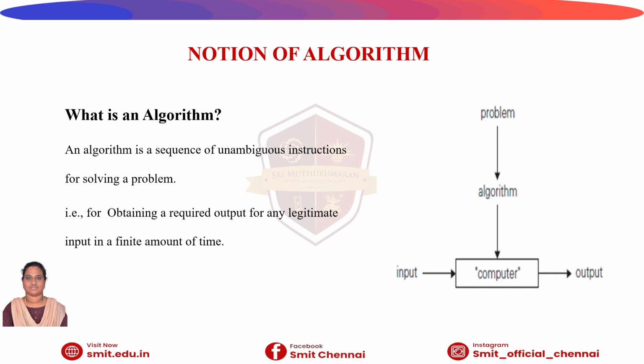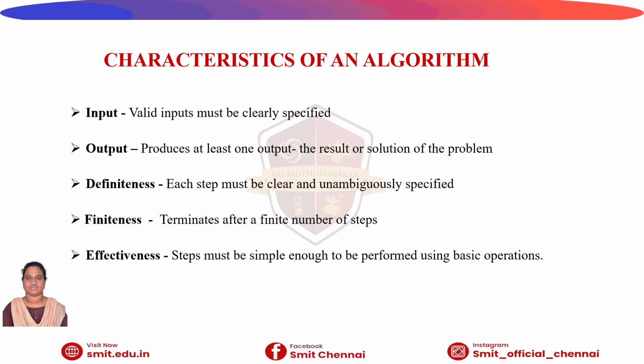So there are some key characteristics of an algorithm. They are input, output, definiteness, finiteness, and effectiveness. Input means it should take 0 or more inputs. There should be valid inputs and they must be clearly specified. Next, output. An algorithm should produce at least one output.